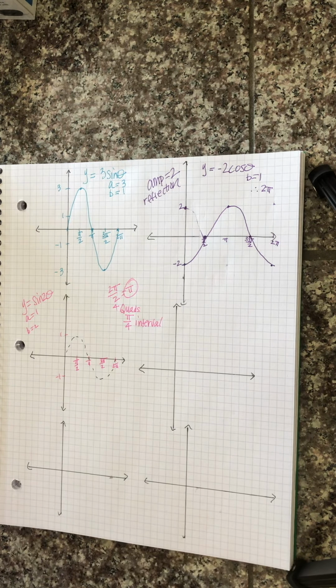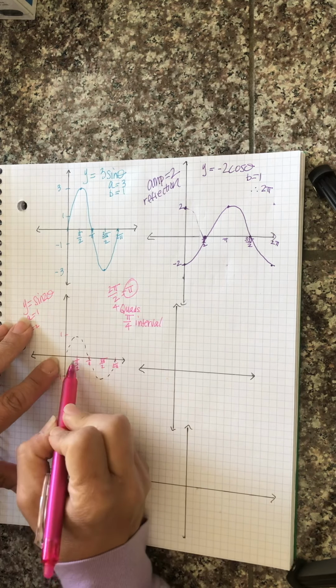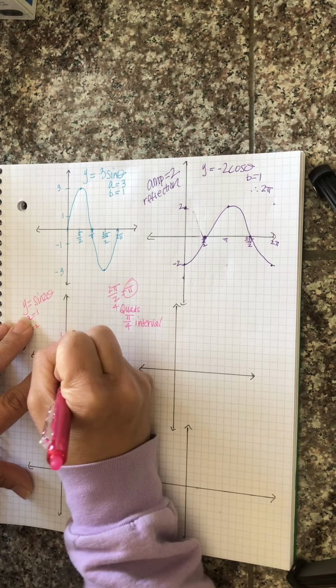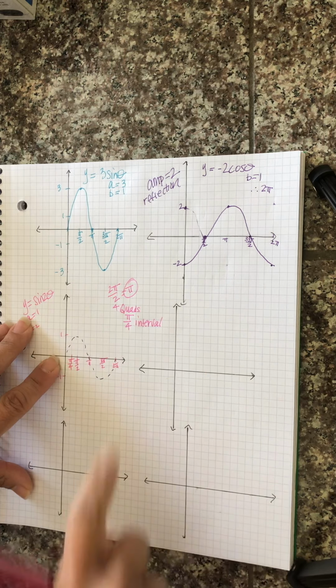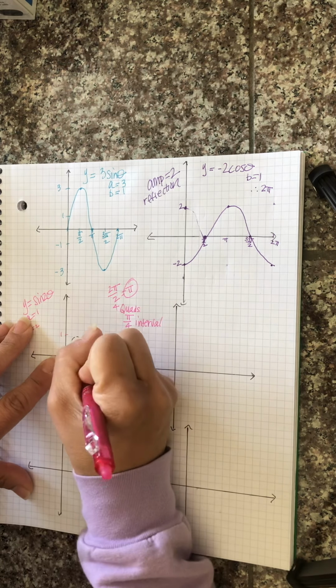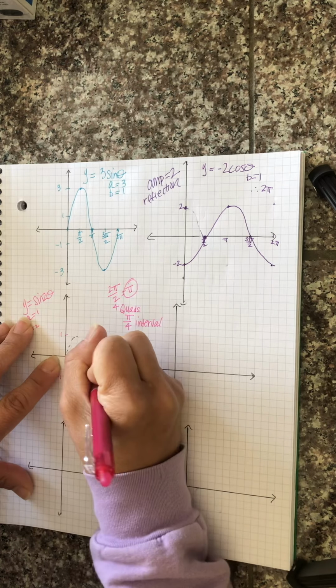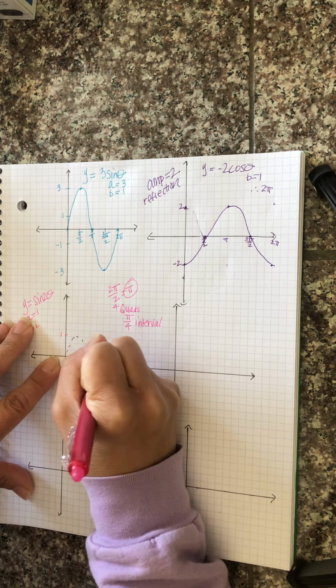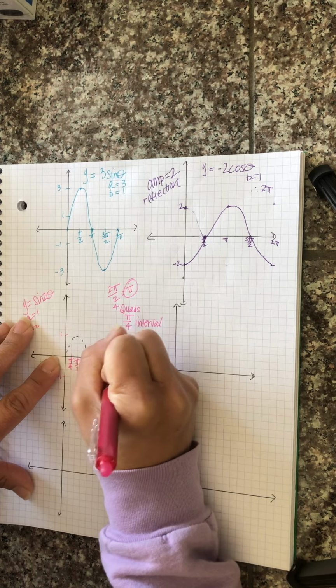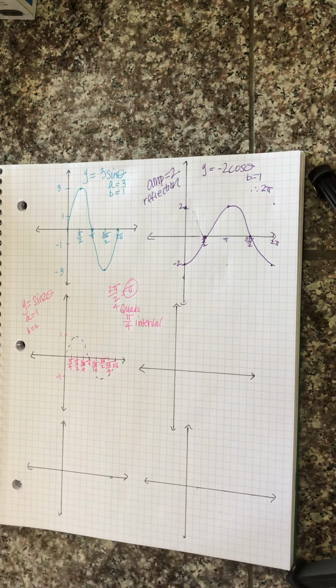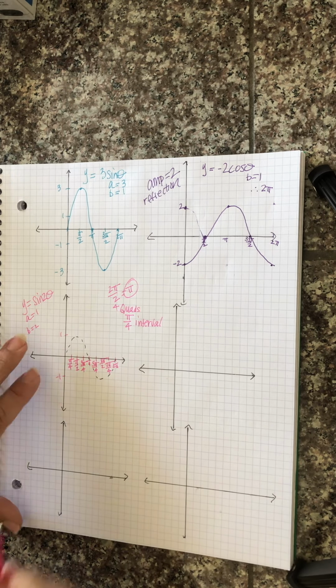Watch how this works. Normally it's pi over 2. Now it's going to be pi over 4 for each interval. 3 pi over 4. 5 pi over 4. You may have to zoom in. 7 pi over 4.